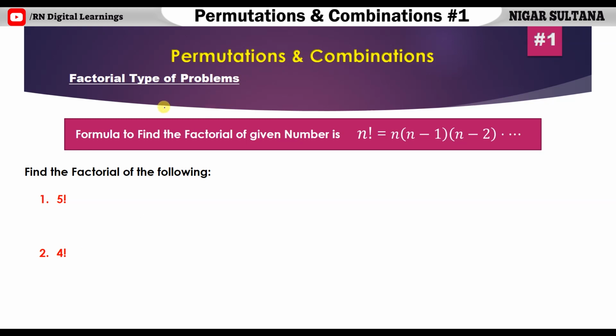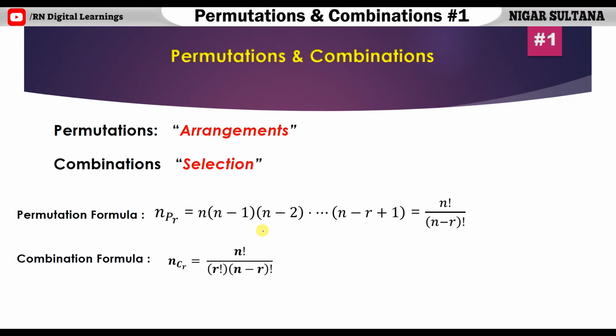So first, we are going to learn how to calculate the factorial. Why are we learning this factorial? Because to find the value of permutation and combination, we require n factorial. What is n factorial?